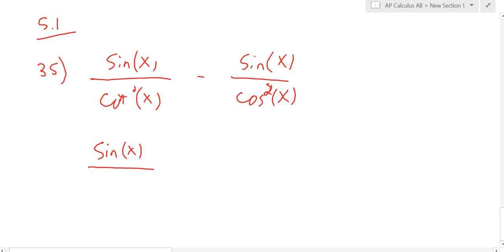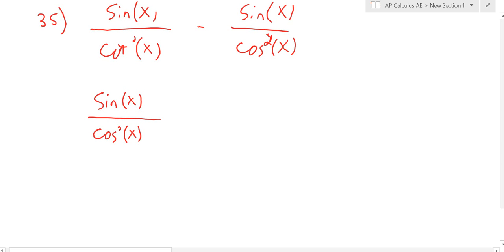You can rewrite cotan as cosine over sine, putting sine down here, but that just creates a complex fraction. As long as it's all multiplication and division, dividing by sine on the bottom just puts a sine squared up top.